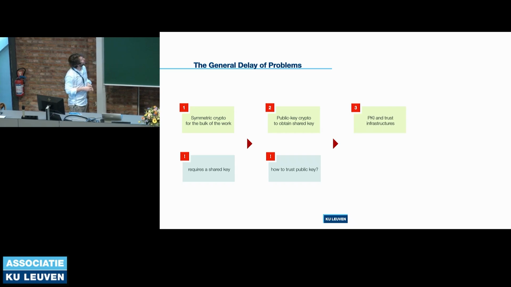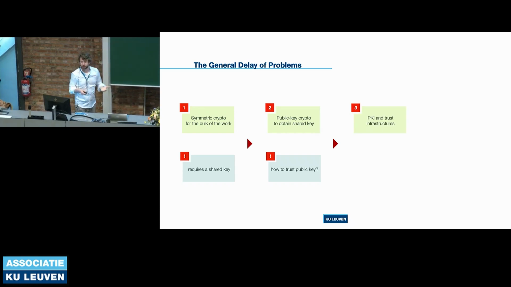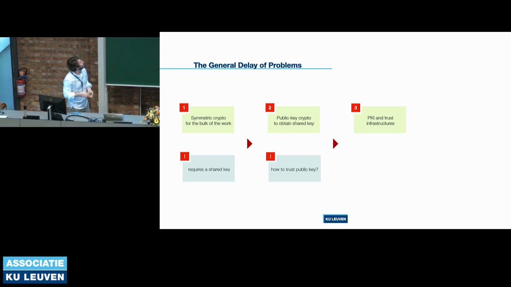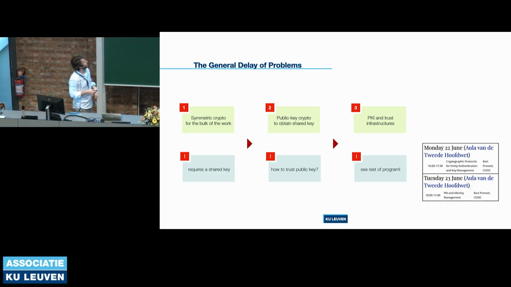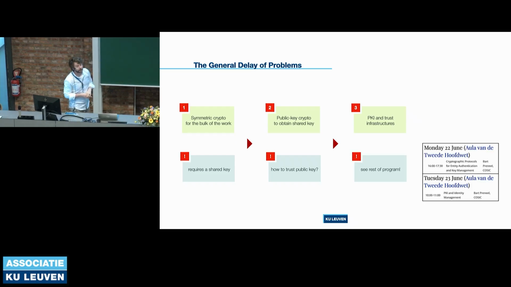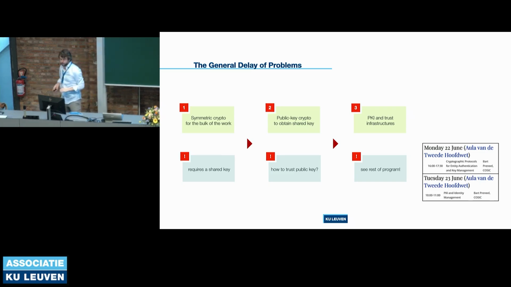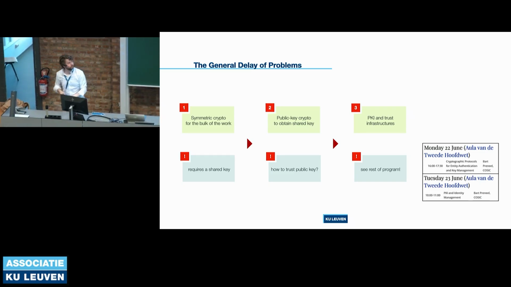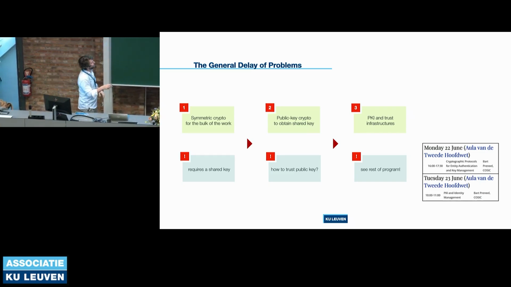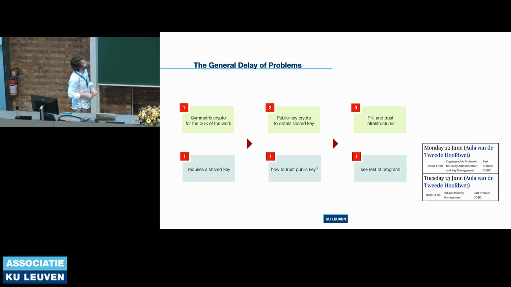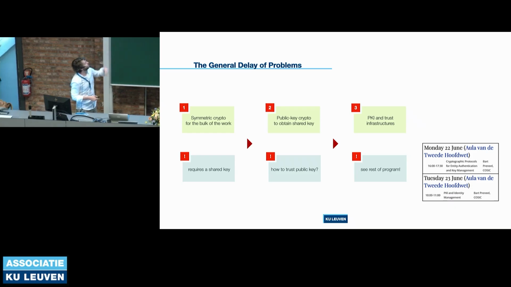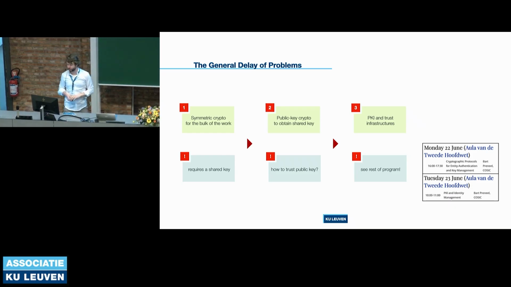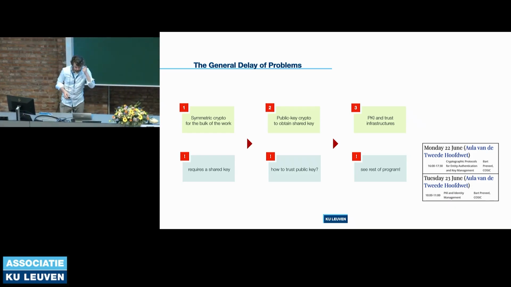And now I'm actually going to do the same thing, because I will not explain it. I will delay this problem because it's all about PKI and trust infrastructures, and that is a lecture that Bart will give, mostly in this part tomorrow at 10, about PKI and identity management. So there you will finally get the answer to how we know that we can trust somebody's public key.